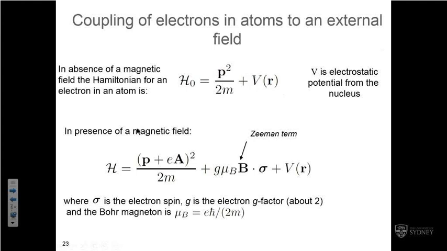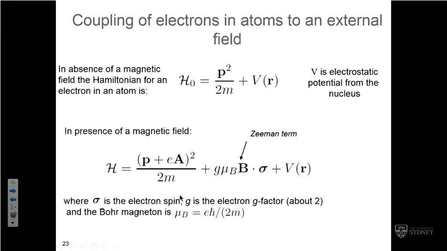We've had to replace the momentum operator by P plus E times A, where A is this vector potential, and you get this, but you also get this additional term, which is called the Zeeman term, which I'll show you in a second. But this is sigma, so this is the spin of the electron.